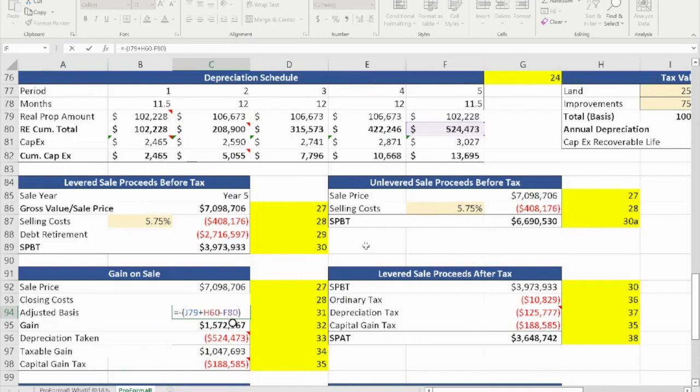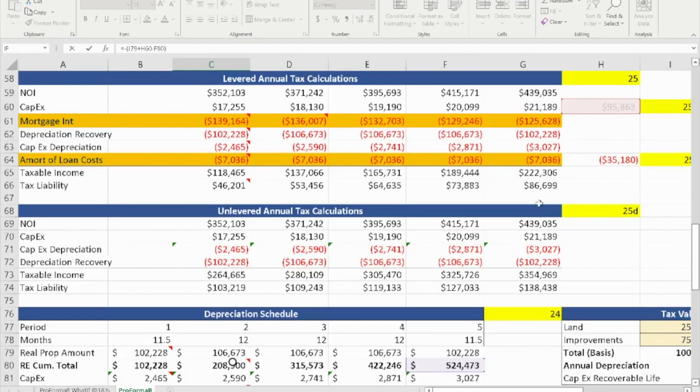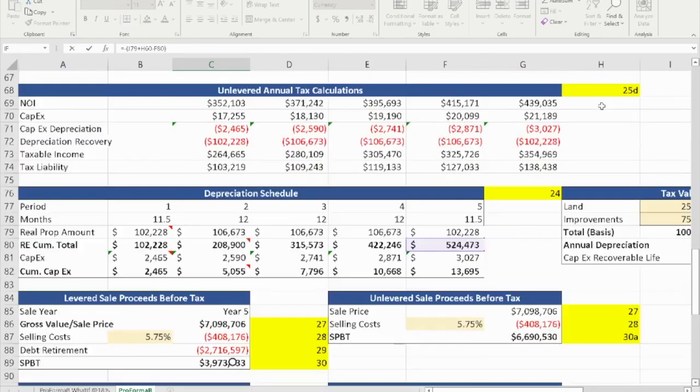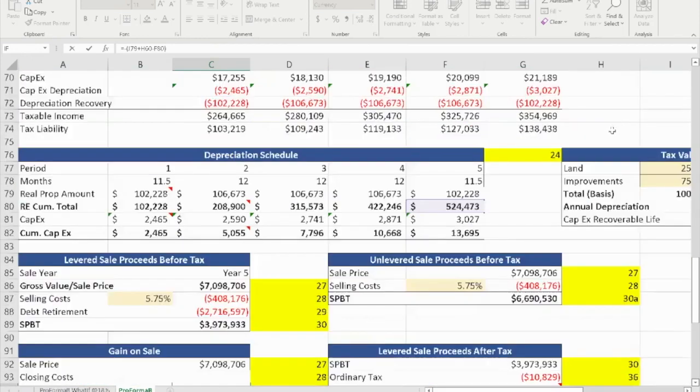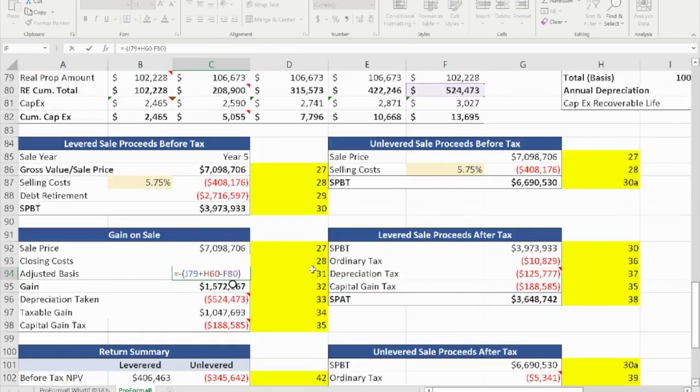Then you're going to add what I had up here, the CapEx amount for the 5 years that we held the property for. That's the 95,000 that we calculated earlier. And then you're going to take out minus the cumulative depreciation for the property. That is the adjusted basis.